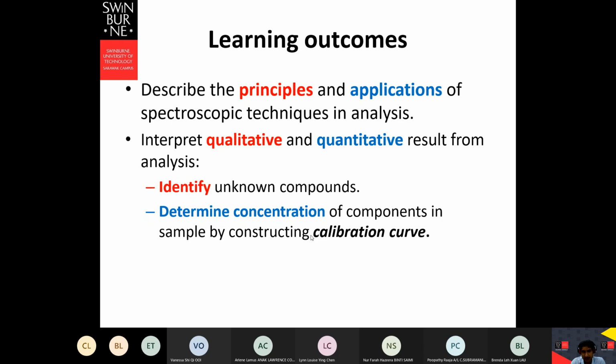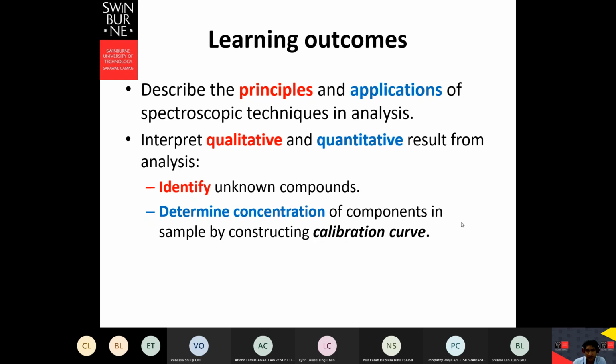From the name, spectroscopy implies different spectrum of light, so we use that spectrum of light to do the analysis. Then the applications of this spectroscopy: in which fields do we use this type of analytical technique?